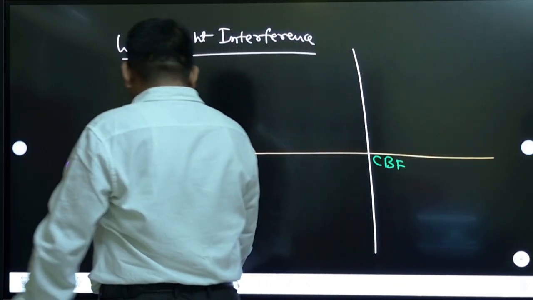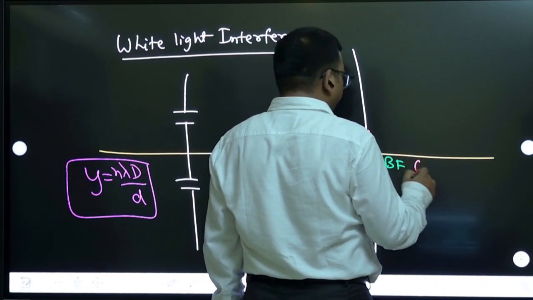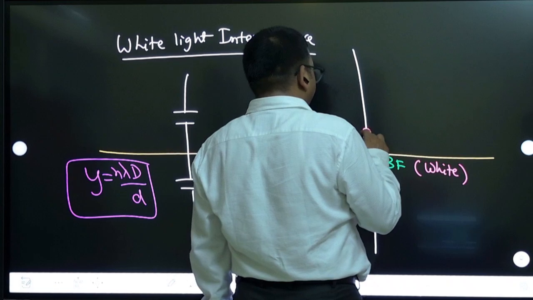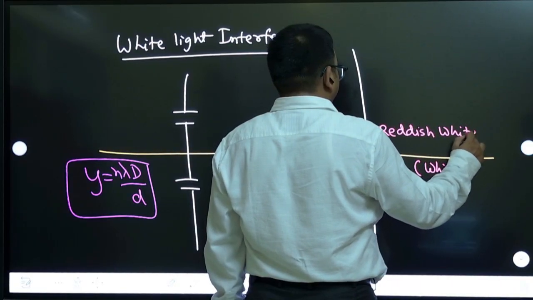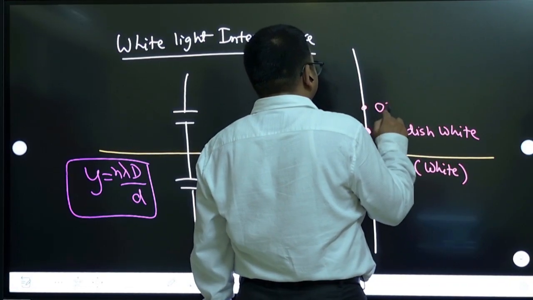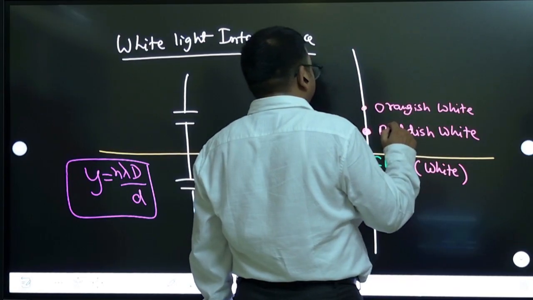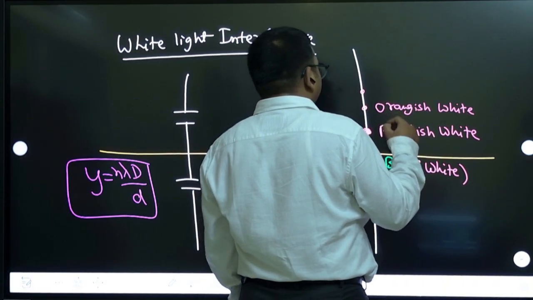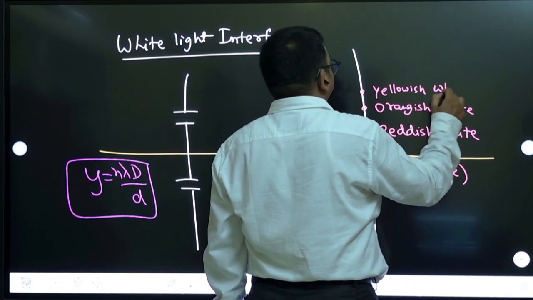So the central bright fringe will look completely white. Near it you will find reddish white, then violet, indigo, blue, green, yellow, orange, red. Orange is white. Then gradually all these colors: violet, indigo, blue, green, yellow, yellow is white.